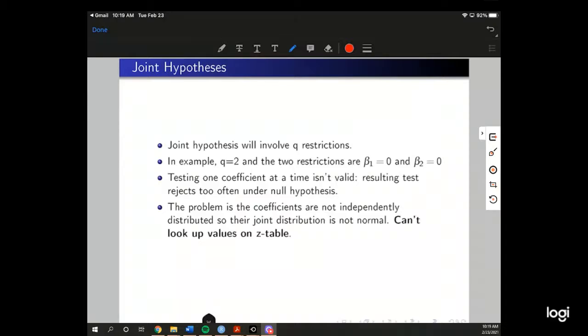So testing one coefficient at a time is not valid if we want to test both of them together. The resulting test will reject too often under the null hypothesis. The reason that this happens is that the coefficients are not independently distributed, and so their joint distribution is not normal. So we can't look up the values on the z-table if we're testing both coefficients simultaneously.